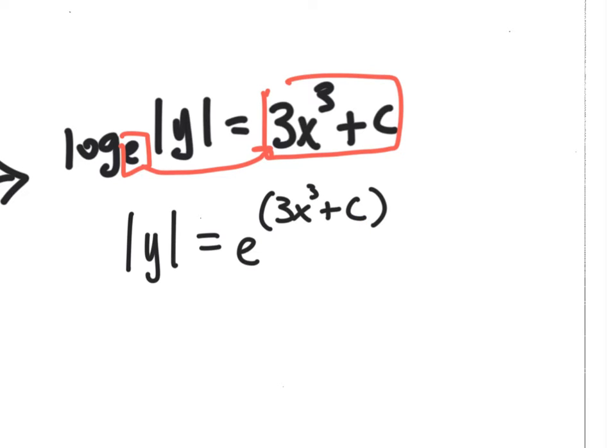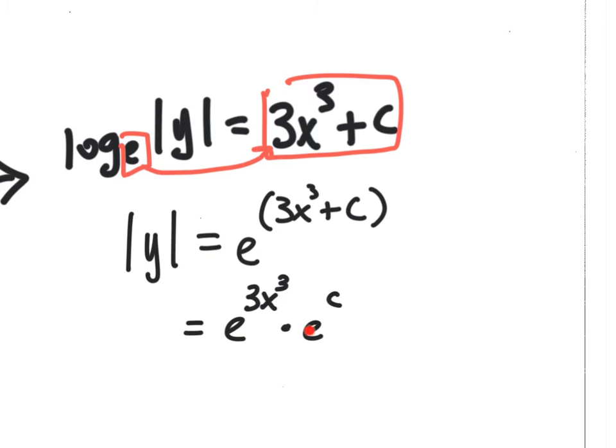Let me think about what happens when I add my exponents. If I think backwards about it, that's just me saying that I have e to the 3x cubed times e to the c power.